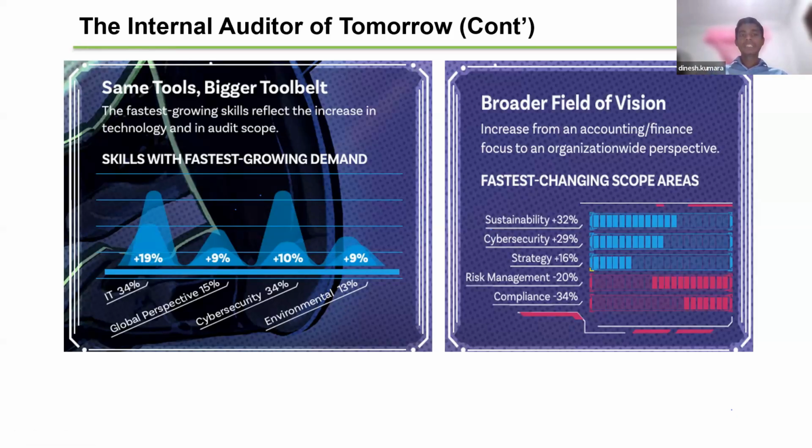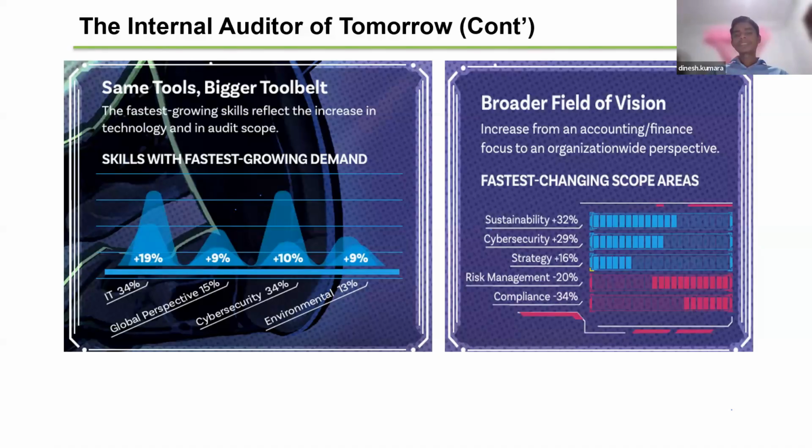As you are today, tomorrow's internal auditor will have a broad field of vision, moving from an accounting and finance focus to an organizational perspective. Now you have to think about the whole strategy and whole vision of the organization, not your department or functional vision.